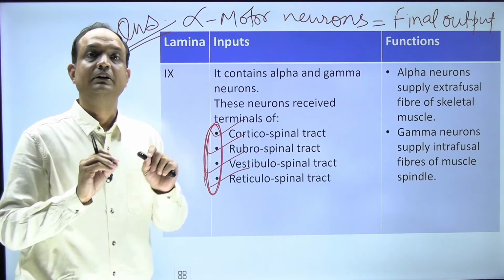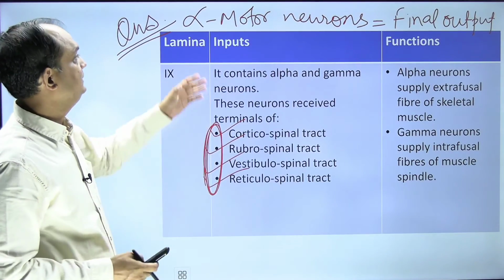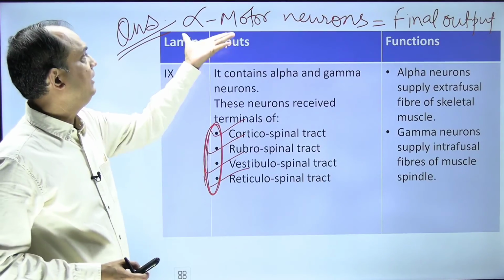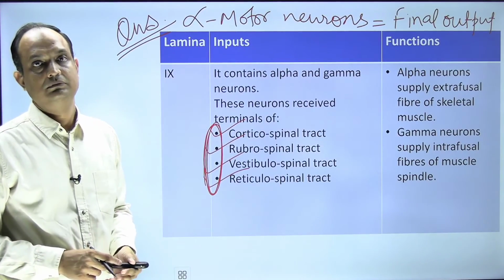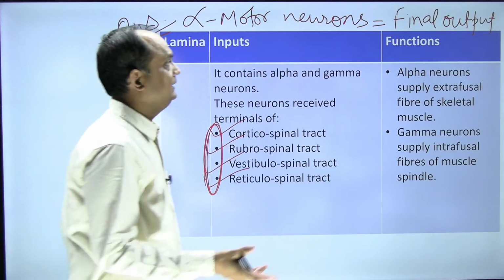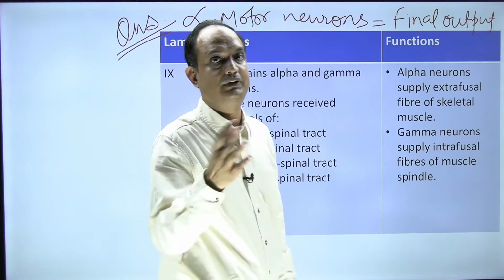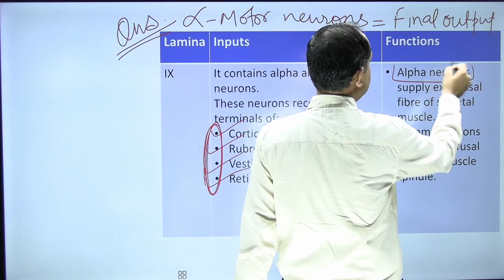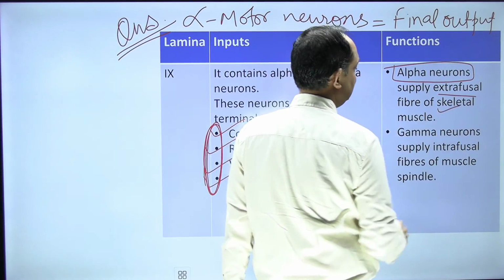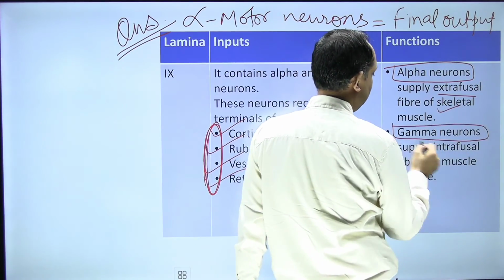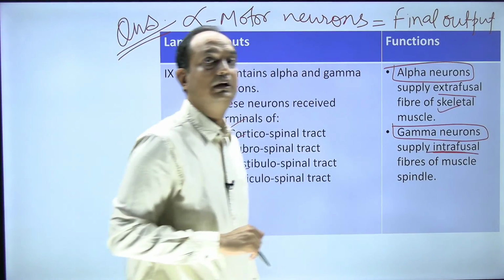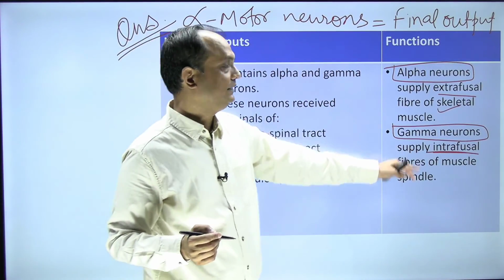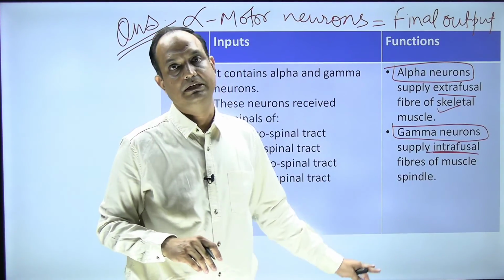They give their collaterals, and these collaterals go and modify the output of the alpha motor neuron. Clear? Now, what is the function? What is the difference between the function of alpha and gamma? Alpha motor neurons basically supply the extrafusal fibers of skeletal muscle, while gamma motor neurons supply the intrafusal fibers of the muscle spindle. Clear?